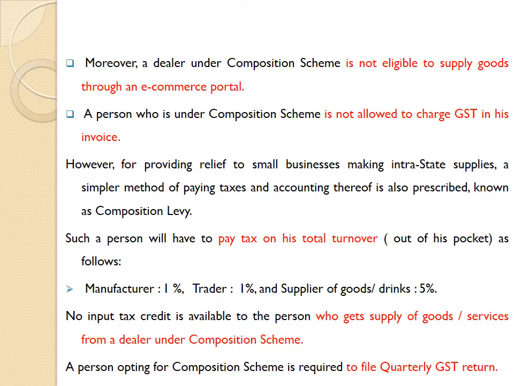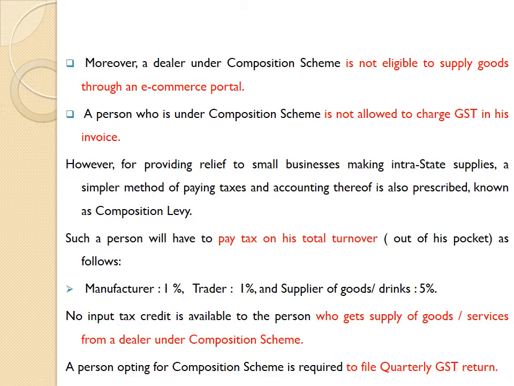If the turnover is less than 1.5 crore, a manufacturer who adopted this scheme is required to pay 1% tax. A trader is also required to pay 1% tax, and a supplier of goods and drinks is required to pay 5% tax. No input tax credit is available to the person who gets supply of goods or services from a dealer under the composition scheme.